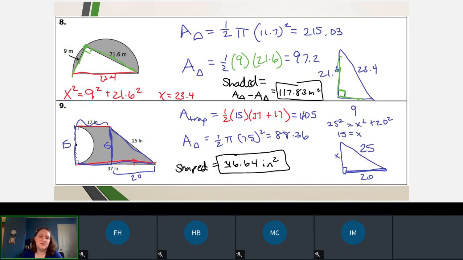So the rectangle and the triangle, and then subtracted out the half circle, that's okay. As long as you still get the same number, then you're fine. So it's really just a big puzzle, and if you're missing a piece, you got to just figure it out, like calculate it. There's always going to be enough information in the picture to figure out that missing piece.